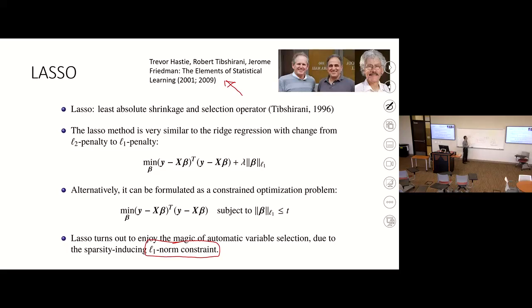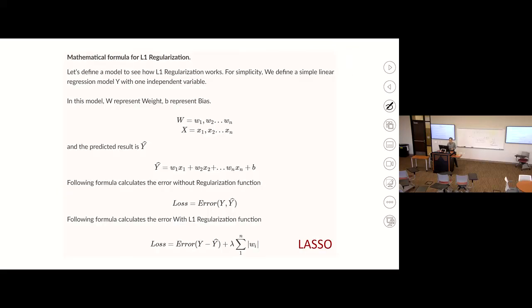So the optimization function will not only consider how well the combination of the parameters allows you to predict the results accurately, but also how big the overall values are that you use inside your model. So this is the lasso cost function.